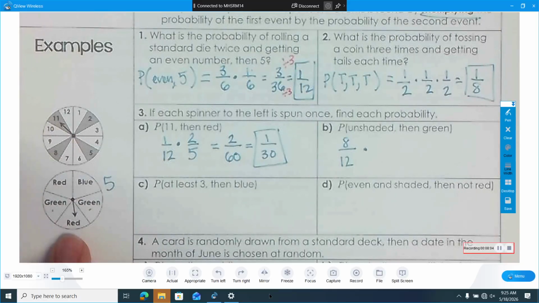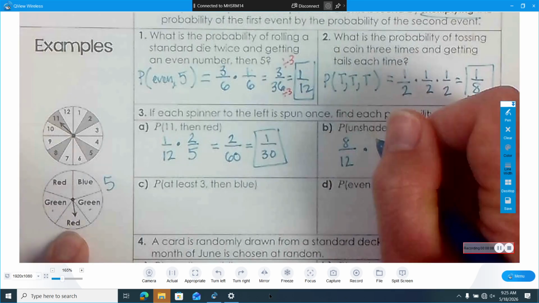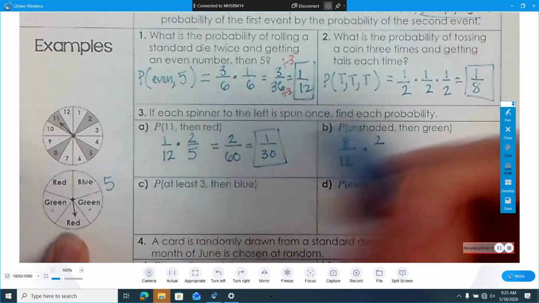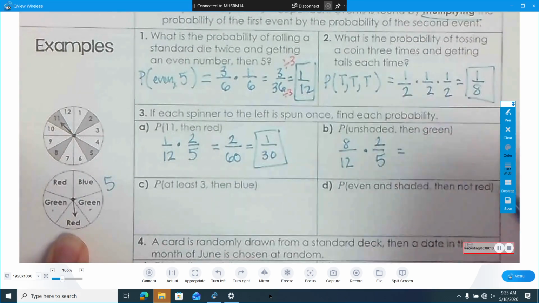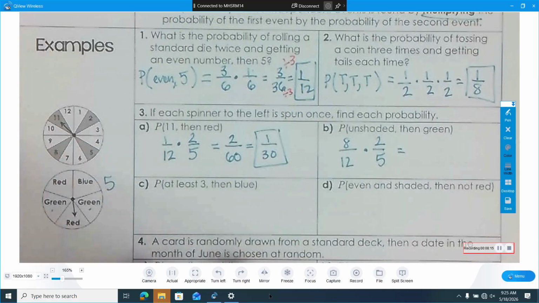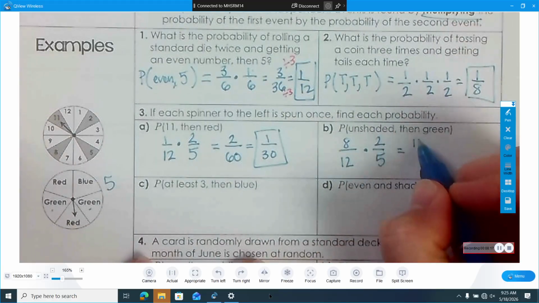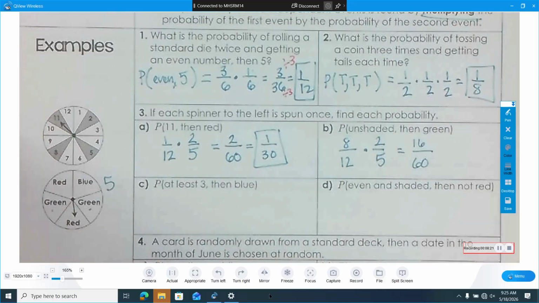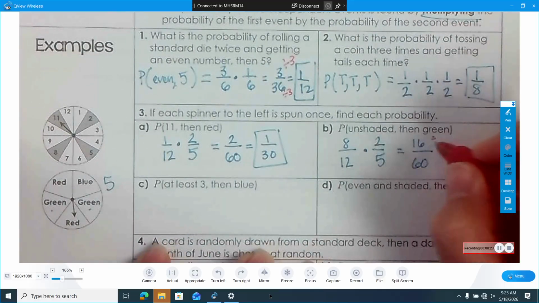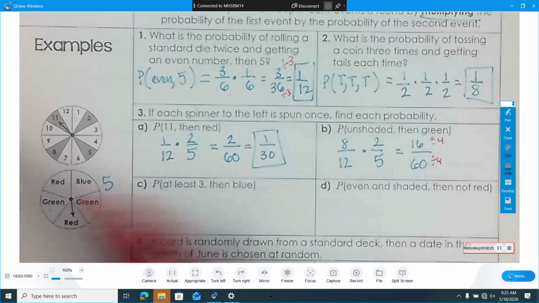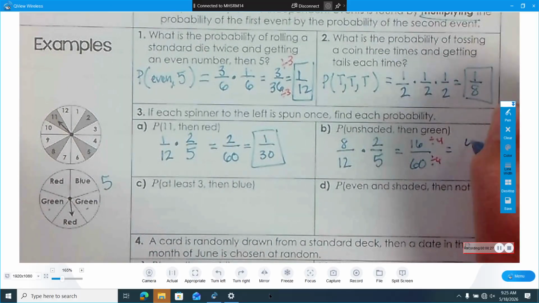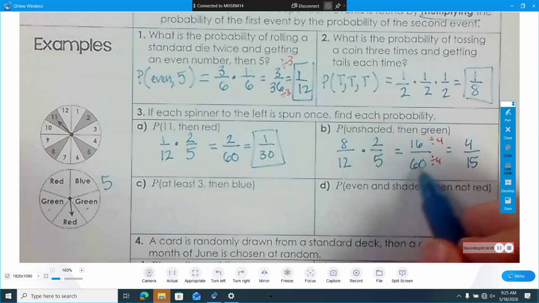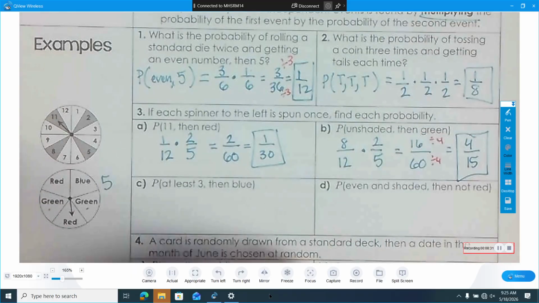And what's the probability we land in a green? 2 out of 5. 2 green zones, 2 out of 5 possibilities. Multiplying straight across, 8 times 2 is 16. 5 times 12 is 60. And I think I can divide those by 4. Divide by 4, top and bottom, I get 4 out of 15. 60 divided by 4 is 15.